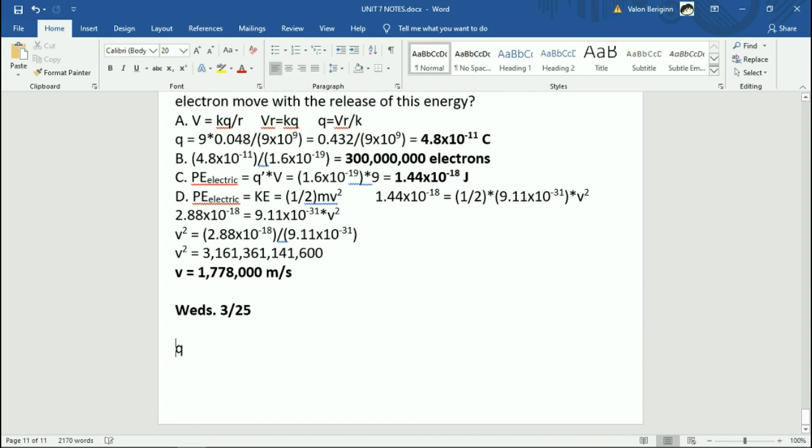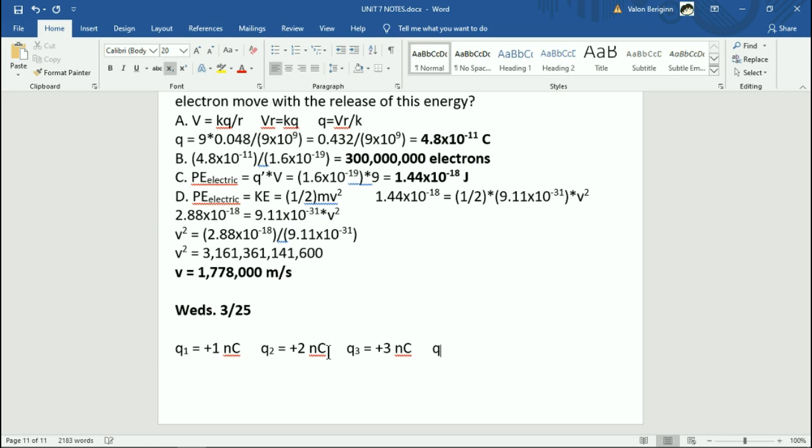Here's what numbers we have. Q1 is plus 1, and I'm going to keep the units there, nanocoulombs. Q2 is plus 2 nanocoulombs. Q3 equals plus 3 nanocoulombs.